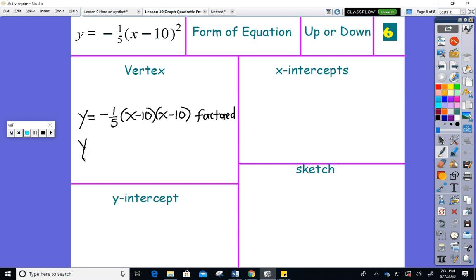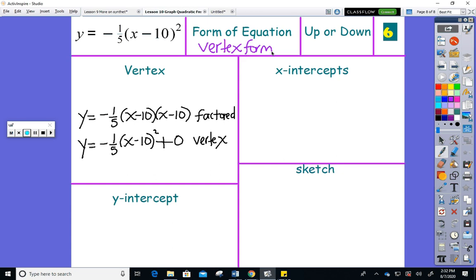Or I could look at it and say it's y equals negative 1/5 times (x minus 10) squared, and if I added a plus 0 on the end, it looks more like vertex form. So sometimes the forms might kind of cross over. And so if it were me, I would just look at this like it's in vertex form, because I think that vertex form, again, is a little easier to manage.